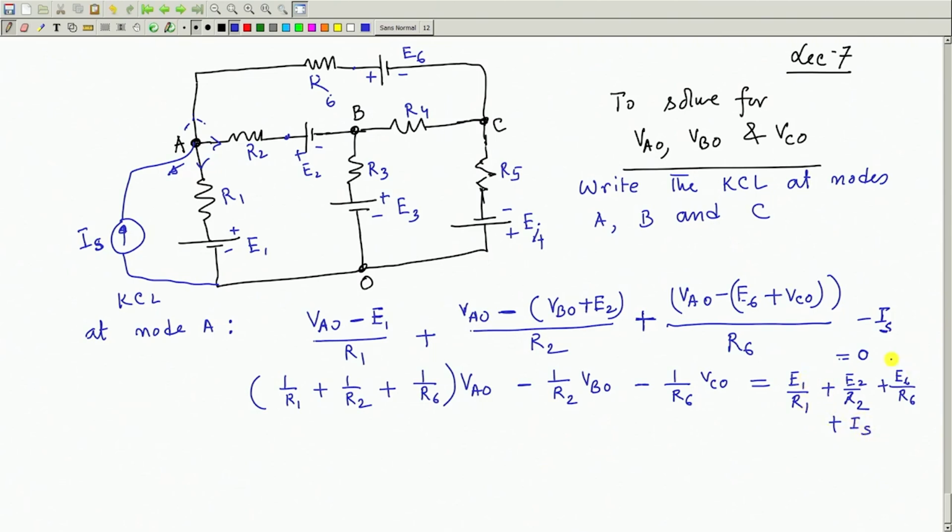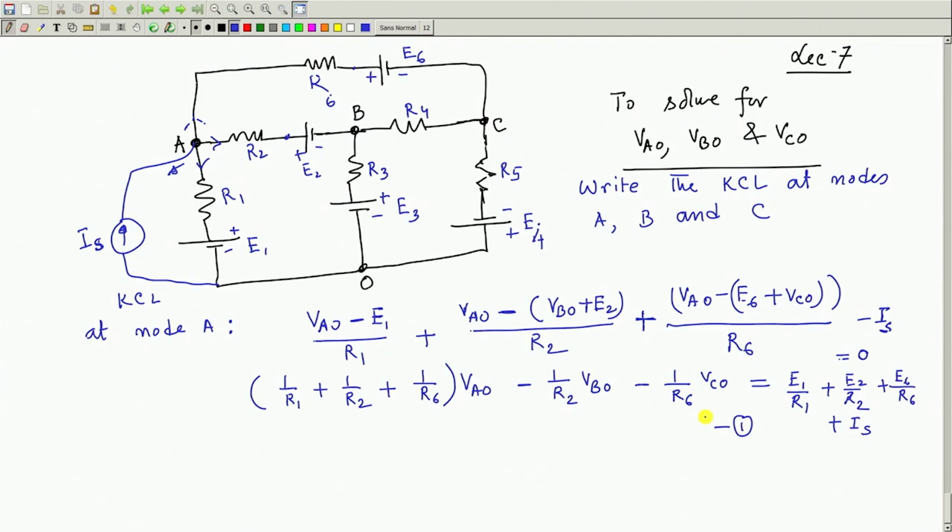Sources are known; I want to find out the currents. So, this will be equation 1 for this network. Got the point? Dimensionally, on the left-hand side, voltage by impedance gives current in amperes, and the right-hand side is also in amperes, so it matches. This is one of the independent equations involving VAO, VBO, VCO.